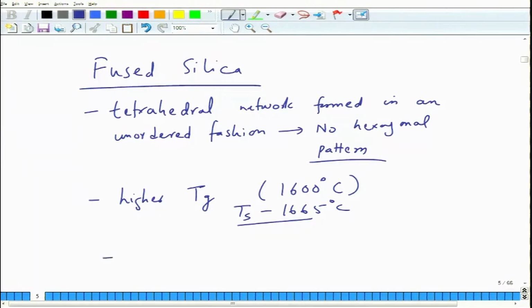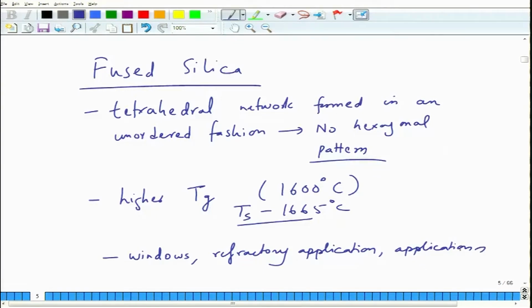So, for example, windows, refractory applications, and applications which require a low coefficient of thermal expansion, because they have a higher softening temperature and their coefficient of thermal expansion is lower.